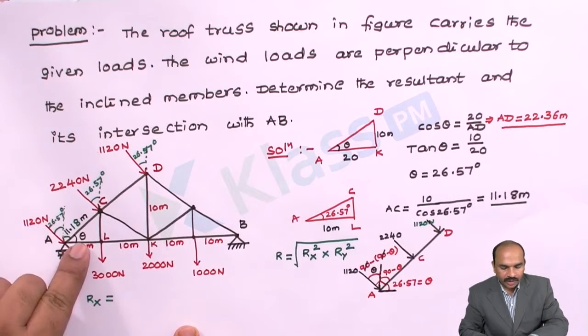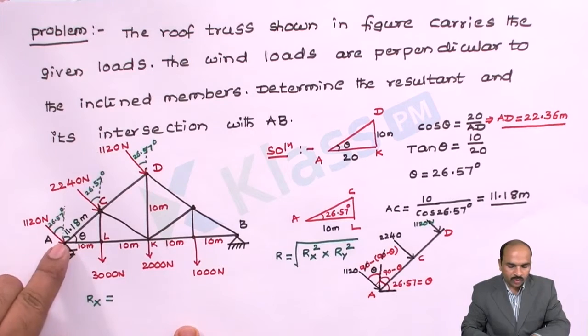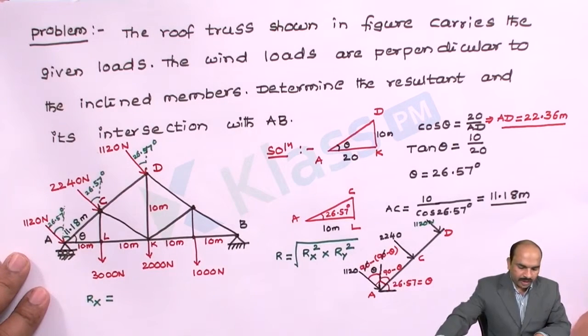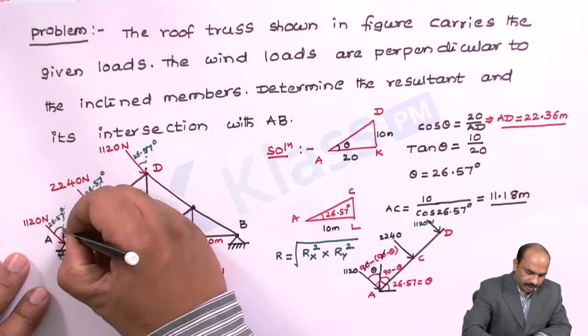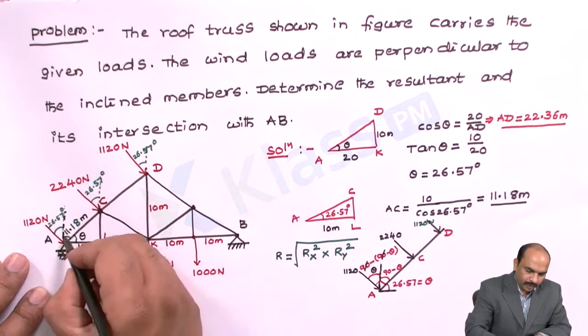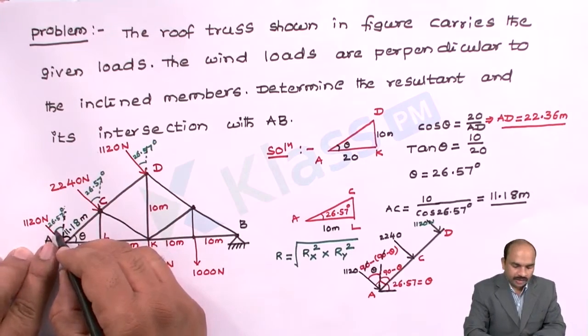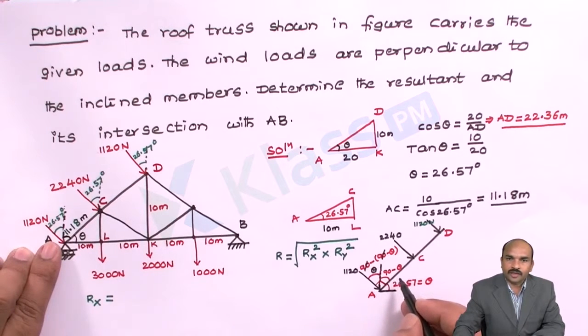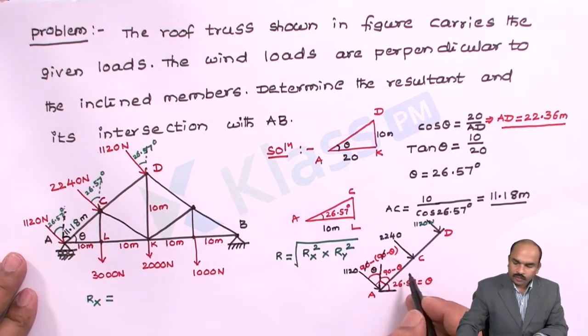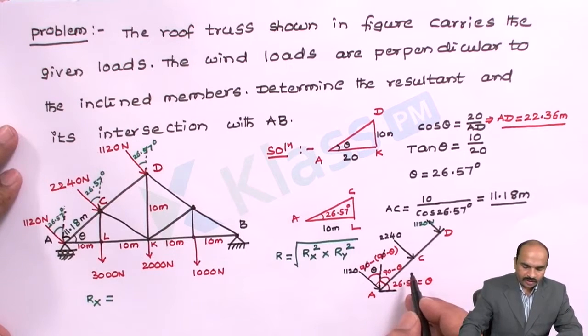So the middle angle will be 90 minus theta, and this we are getting as theta.